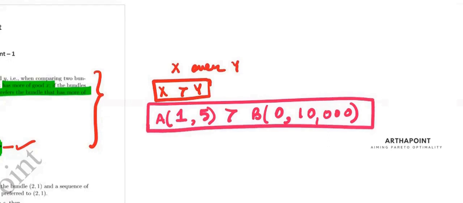You will always prefer the bundle which has more of good X, and you will not compare what happens to Y as long as the bundle has more of good X.